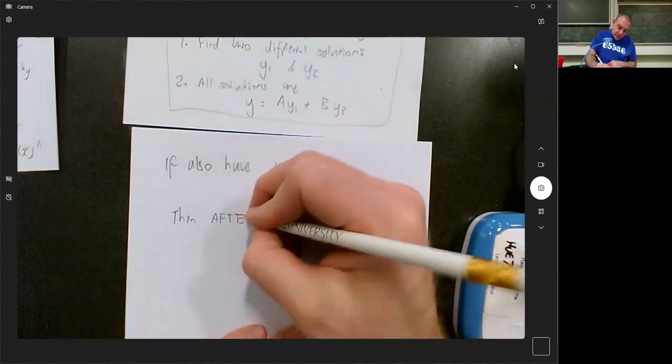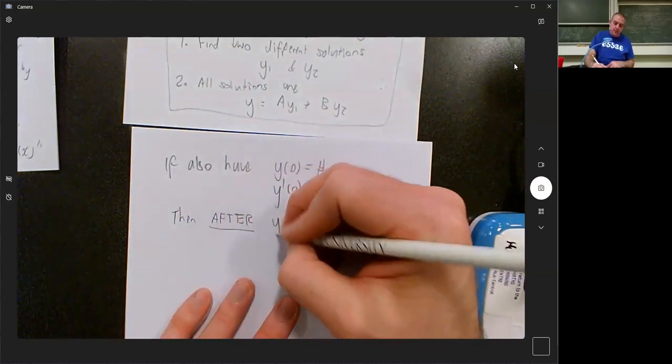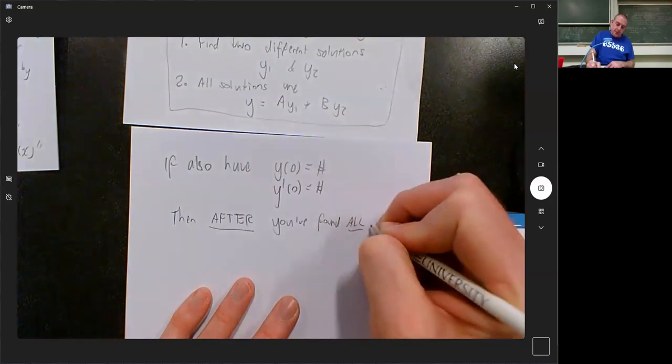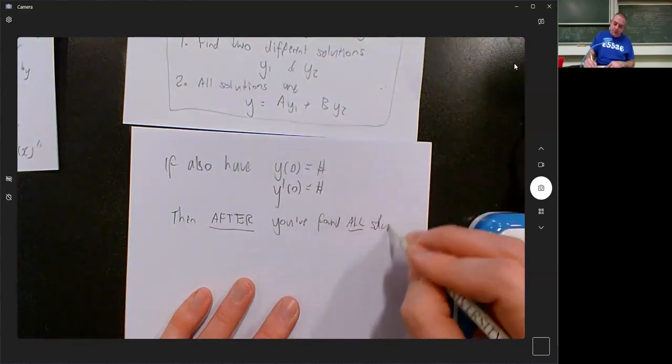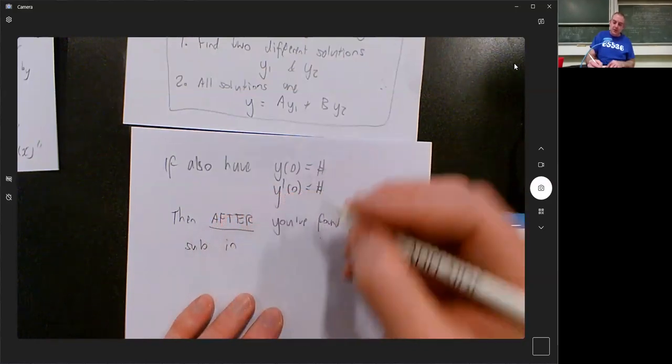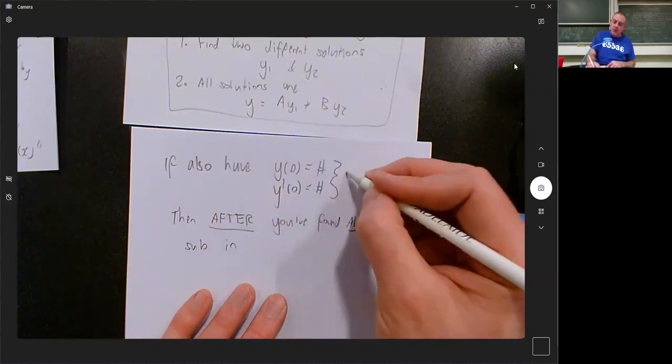after you've done this, after you've found all solutions, sub in those conditions. These things are called conditions.